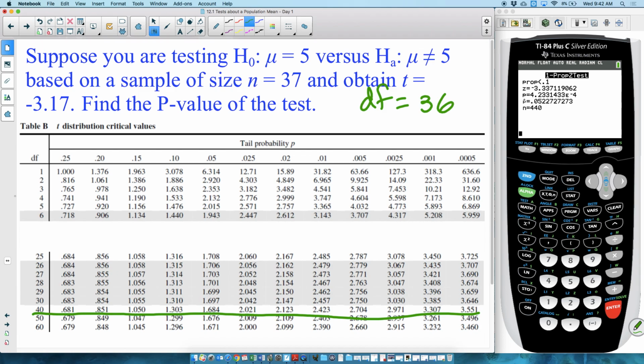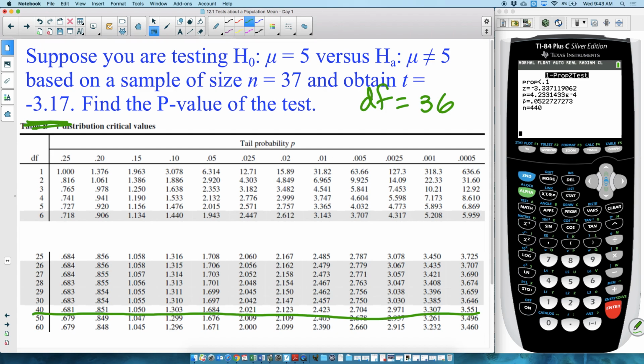Then what else do we have? We've got our test statistic of negative 3.17, but none of these numbers are negative. Oh yeah, because it's the absolute value.